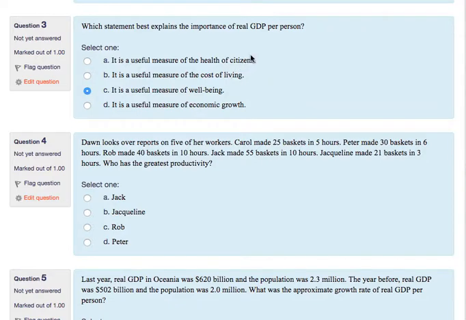Well, it's good to look at economic growth from a real GDP perspective, but real GDP on its own is not enough. To measure economic growth, you need to look at the trend of real GDP per person over time. So if I only give you real GDP per person on a given year, you have no idea what's going on with economic growth. So that's why this one, that may seem good, is not a good answer.